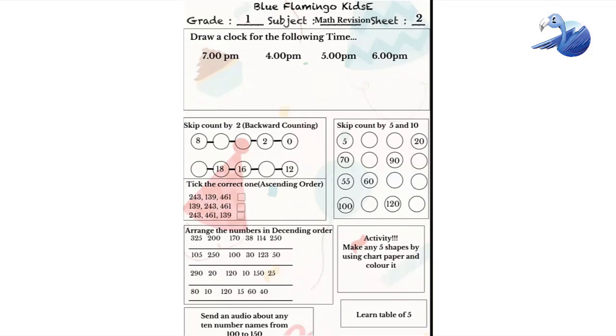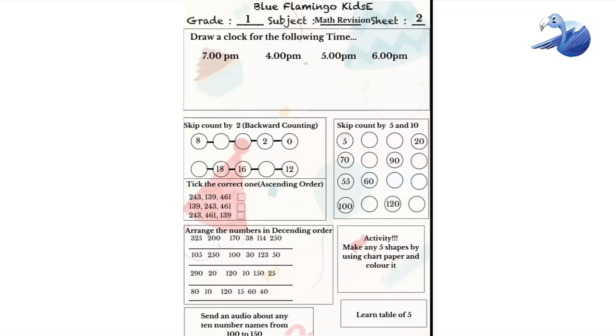Next is skip counts by 5 and 10. In this first row, we skip 5 numbers. After 5, 10, we skip 5 numbers, 15 and 20. Next is 70, 80, 90, 100.